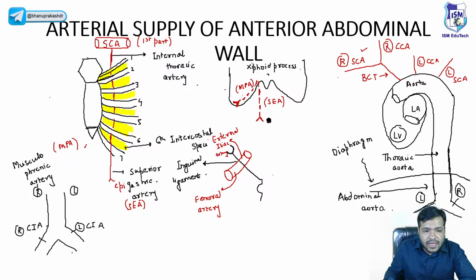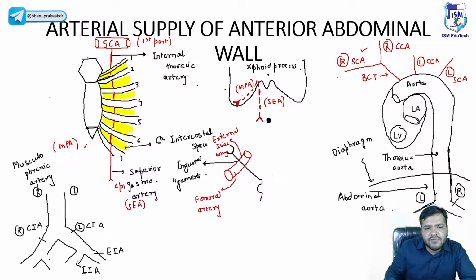So I'm just drawing on this side. Now each common iliac artery will again divide into two parts. We have the external iliac artery and the internal iliac artery on the left. Right side पे भी यही होगा, we have the right internal iliac artery and the right external iliac artery.